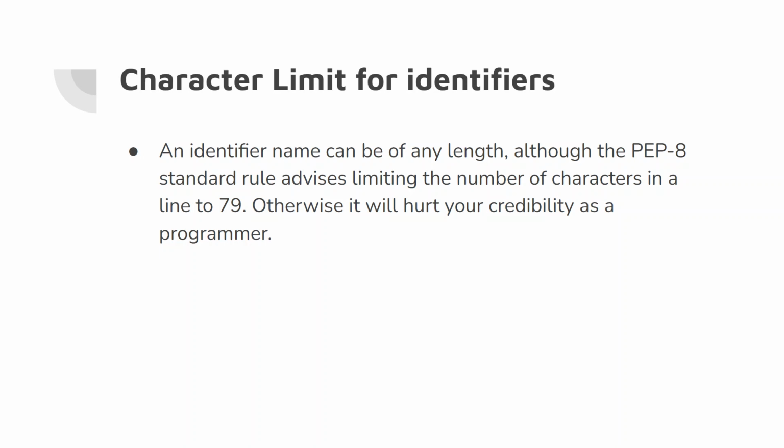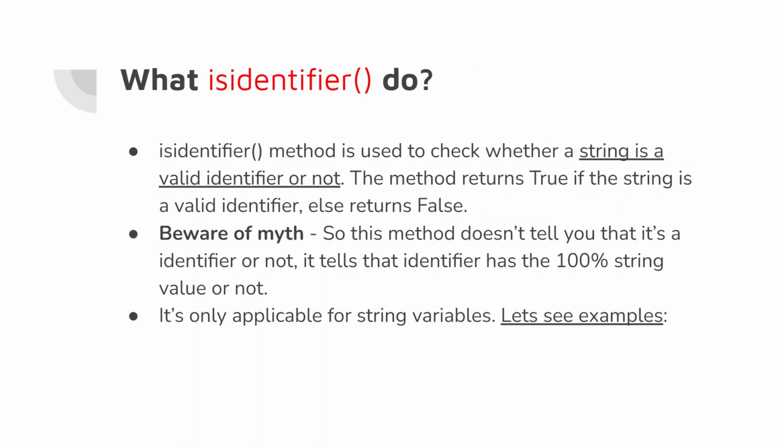Keep it within 79 characters, right? Otherwise it will hurt your credibility as a programmer. So we should keep variable names or identifier names short and sweet. But there is no limit. If someone asks what the limit is, there is no limit. Keep this in mind.